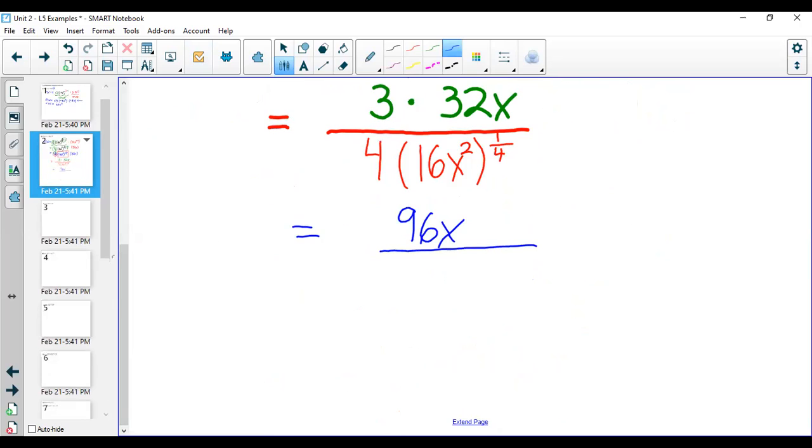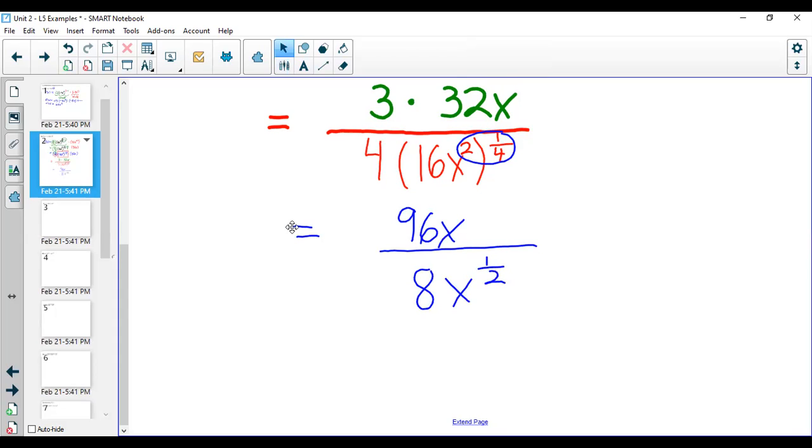And now I have to fix my denominator. So if I have 16 to the power of 1 over 4 times 4, that's going to give me the number 8. X to the power of 2 to the power of 1 over 4. If I just multiply those, I get x to the power of 1/2.